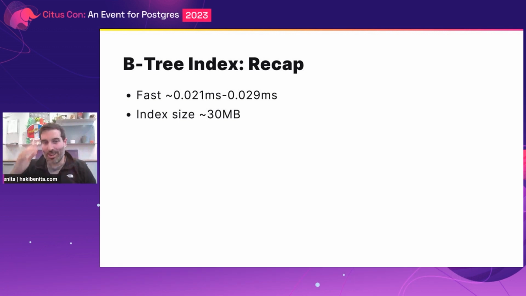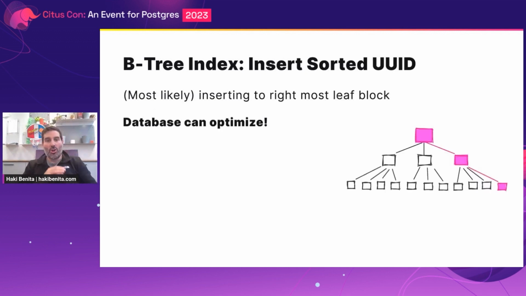All good. So now let's talk about some of the drawbacks of using B-tree indexes, or different elements of a B-tree index which relate to UUIDs. So first, let's say that we have a sorted UUID, okay? That's the UUID that is prefixed with the time.